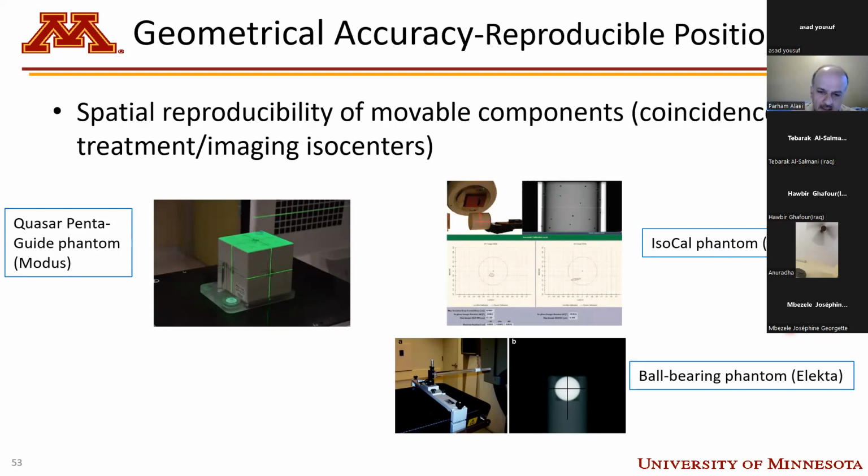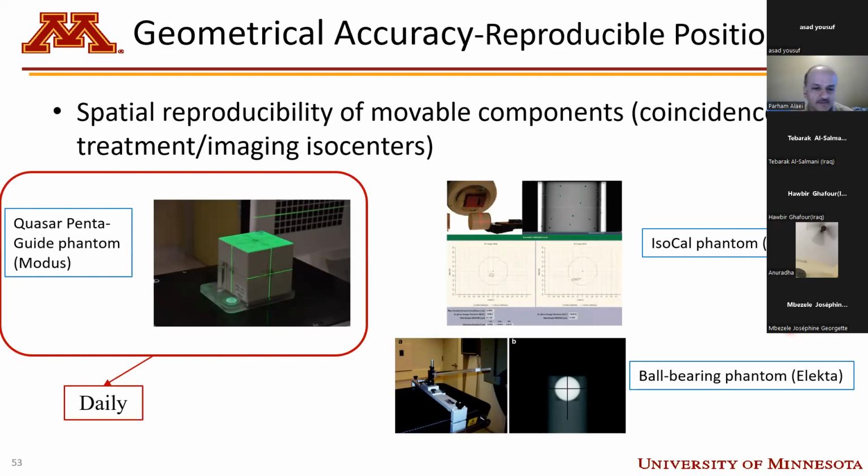This is very common to use. On the left-hand side, there is one commercial product. There's more than one, obviously. This is one example, the Quasar Phantom. This is something that the therapists do, at least in the US.